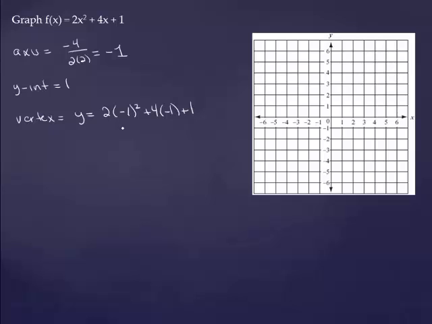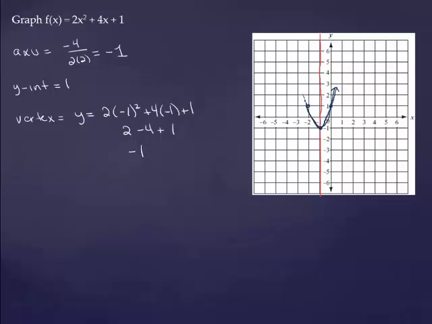So that's 2 times 1, which is 2, minus 4 plus 1, which gives me negative 1. So my axis of symmetry occurs at negative 1. My vertex is at negative 1, negative 1. My y-intercept is at positive 1. That's 1 over, so I go another 1 over. And here is my parabola.